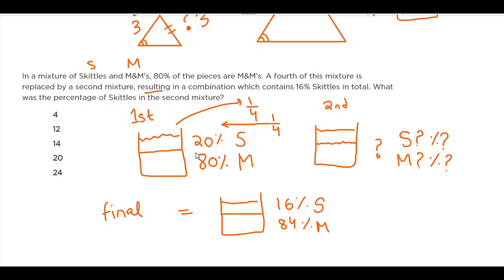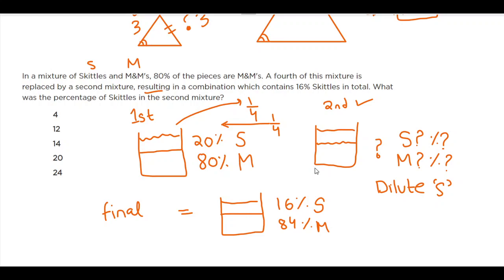If I have removed a value and added a new value, which is dropping down the S concentration, then whatever this second beaker is, it is basically dilute in S. And this is the reason why the S concentration has dropped from 20 to 16%.